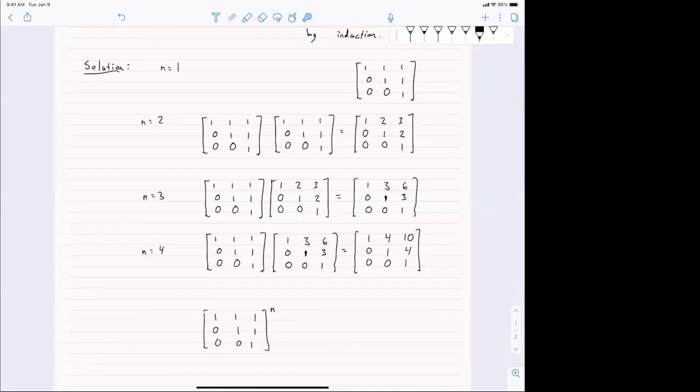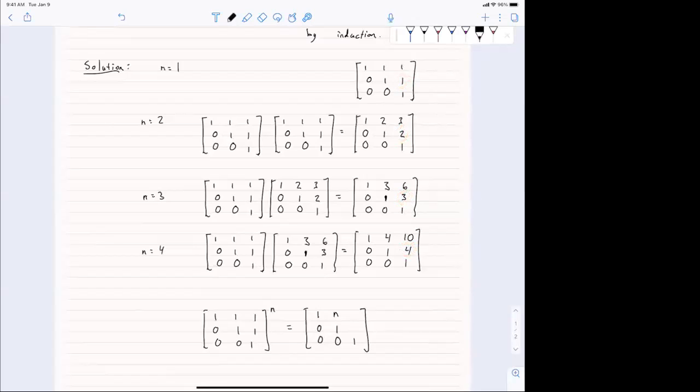We're going to guess that we're always going to get this upper triangular matrix with ones on the diagonal, at least from what I've seen. And now we're going to guess that this first row, second entry is going to be n. Similarly, if we look at the second row, third entry, we get 1, 2, 3, 4.